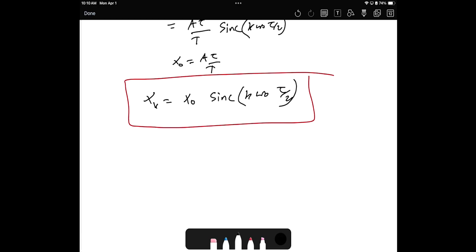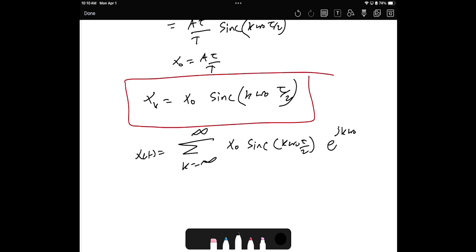So in summary, x of t will be the sum from k equals negative infinity to infinity of x sub k, which is x naught times sinc of k omega naught tau over 2, times e to the j k omega naught t.